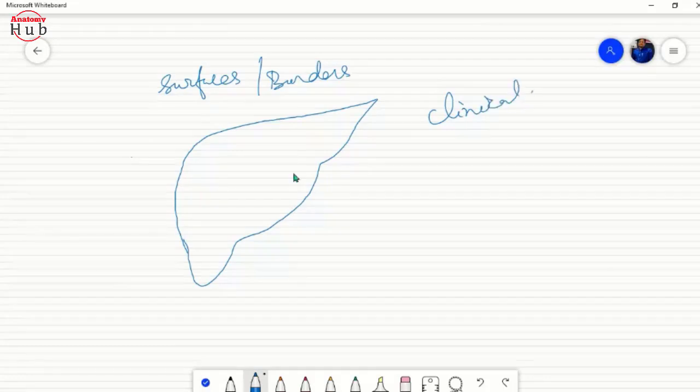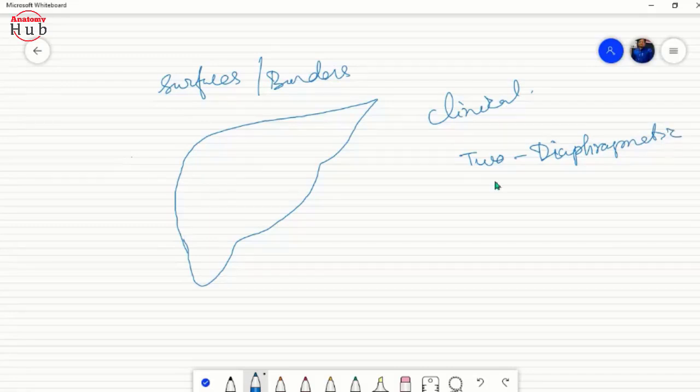So we have two surfaces. One is your diaphragmatic surface, and another is your visceral surface, right?